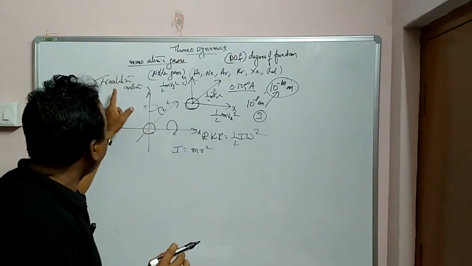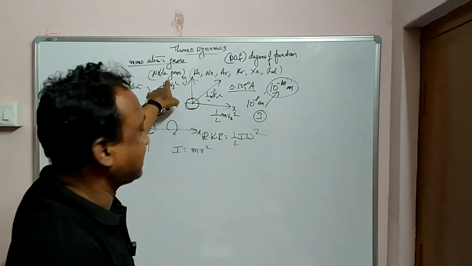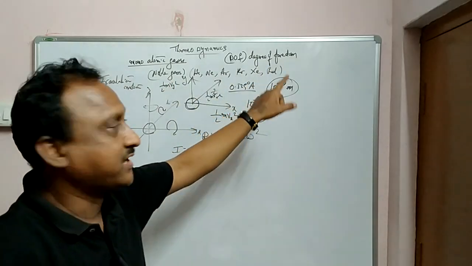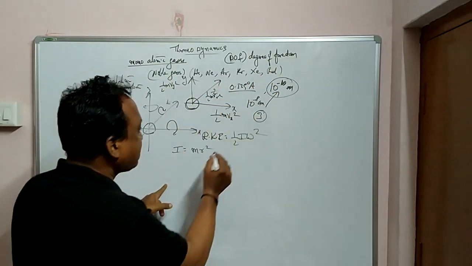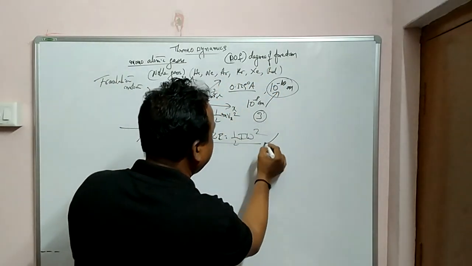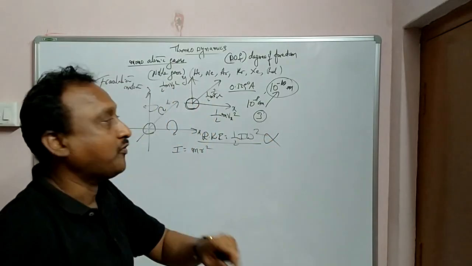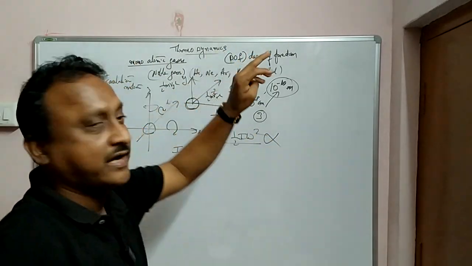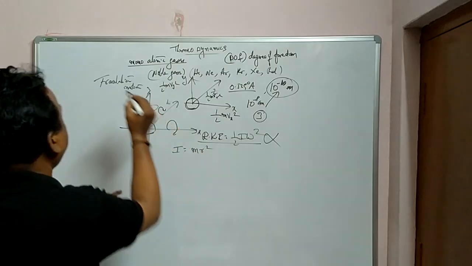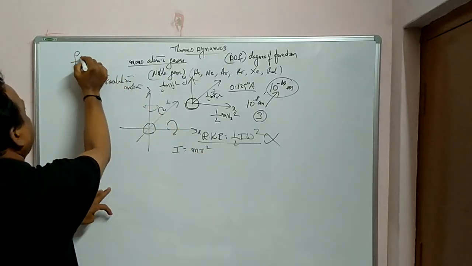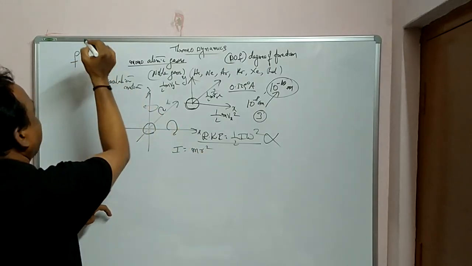Therefore, for monoatomic gases like noble gases, helium, neon, argon, krypton, xenon and radon, the rotational kinetic energy is neglected. Therefore, for monoatomic gases, the degree of freedom, generally written as F, is taken as 3 only.